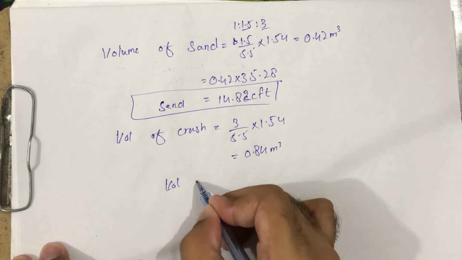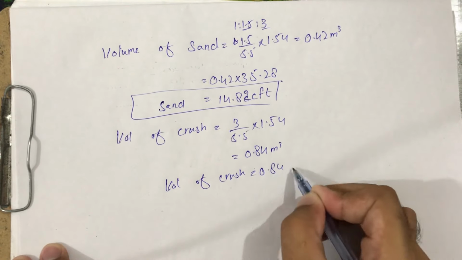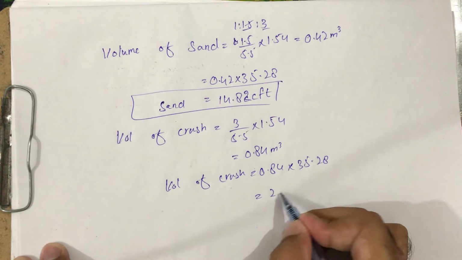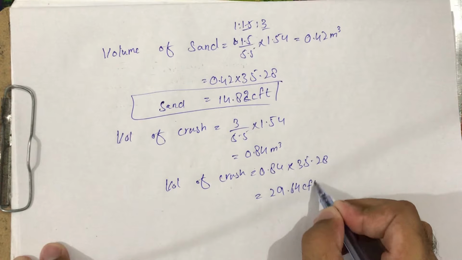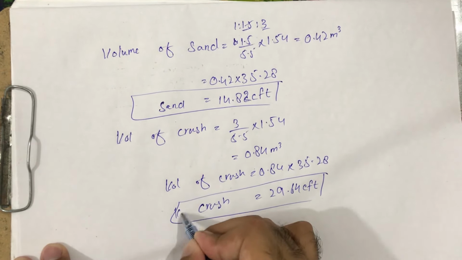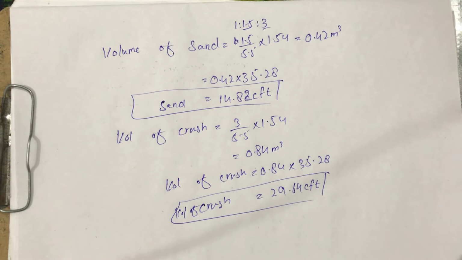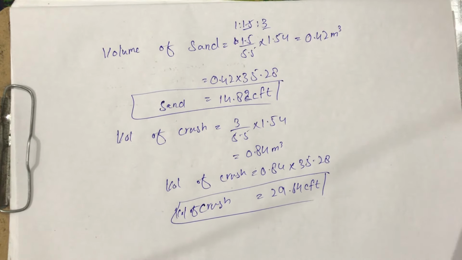So volume of crush is 0.84 multiplied by 35.28, which gives us 29.64 CFT. So this is all about the quantity of cement, sand and aggregates in M20 grade.